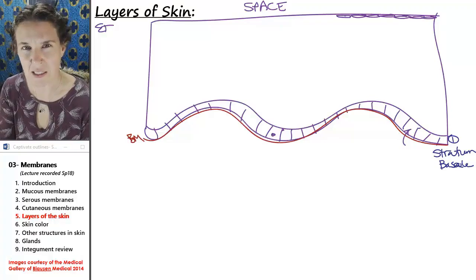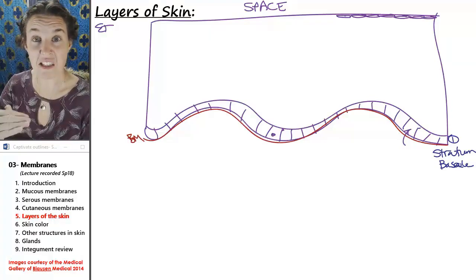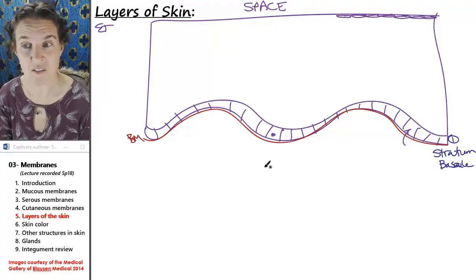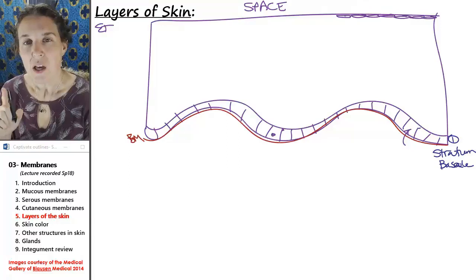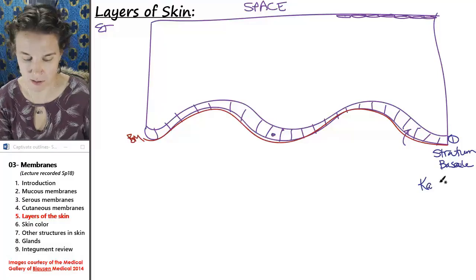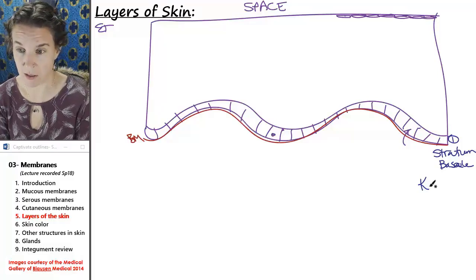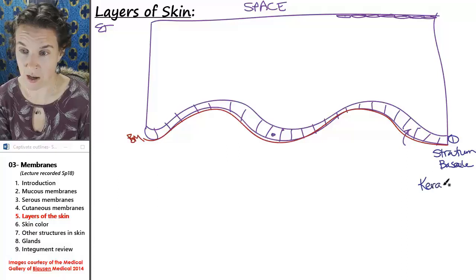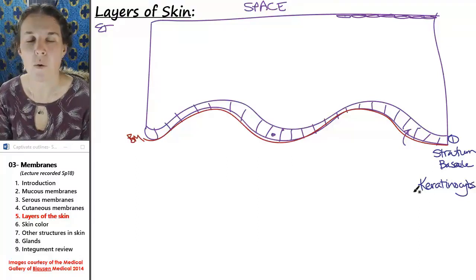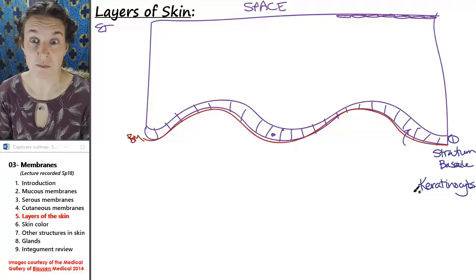Stratum basale is the most basal layer of the epidermis. So it attaches to the dermis via the basement membrane. Stratum basale is mostly made of keratinocytes. What do you think keratinocytes are going to do?